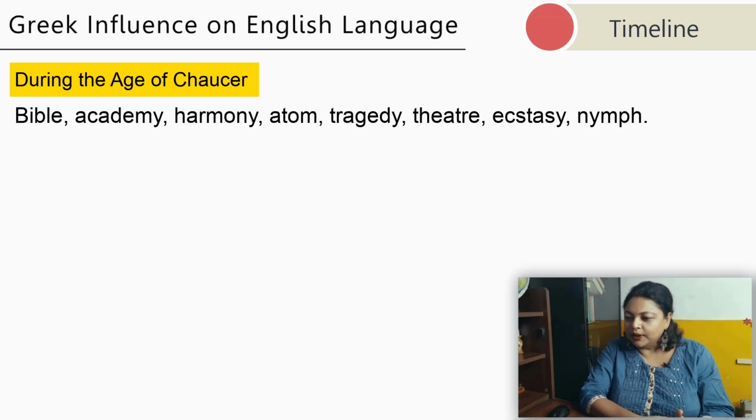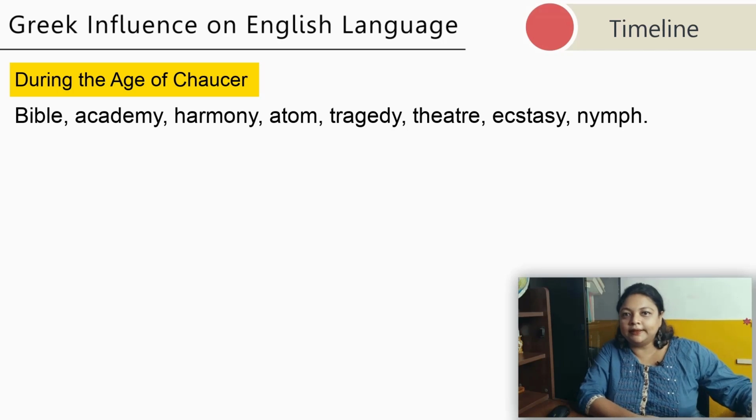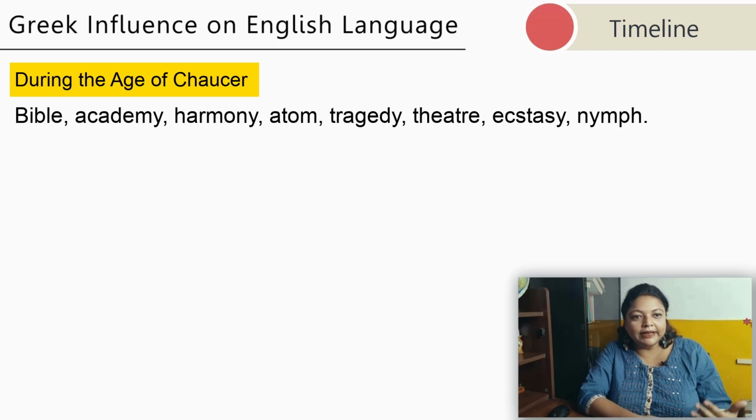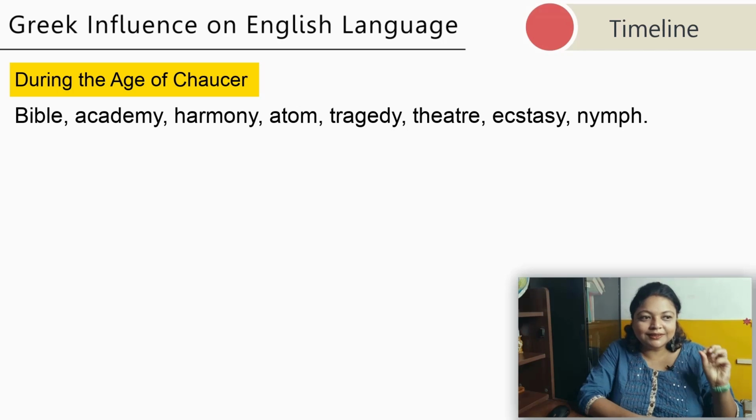And let's look at some other words during this period. Harmony, tragedy, theater, of course, because those were the times when people were getting more and more acquainted with Aristotle's theories, right? And while understanding those ideas of Greek theater, they had to take up those terms from Greek.